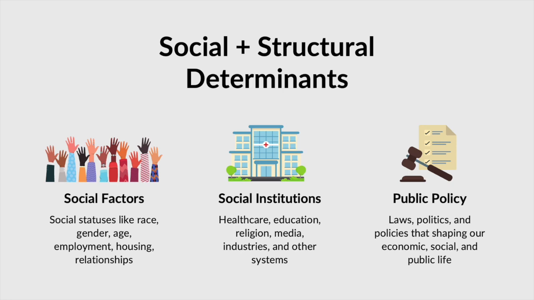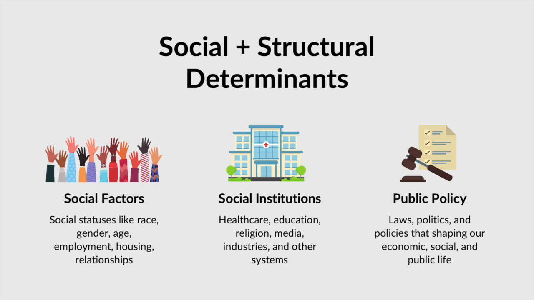Whatever the case, if there's a very big difference, then we might look at the characteristics of those societies. What makes them different? What set of social factors, what social institutions are both different conditions. And then we have public policy.